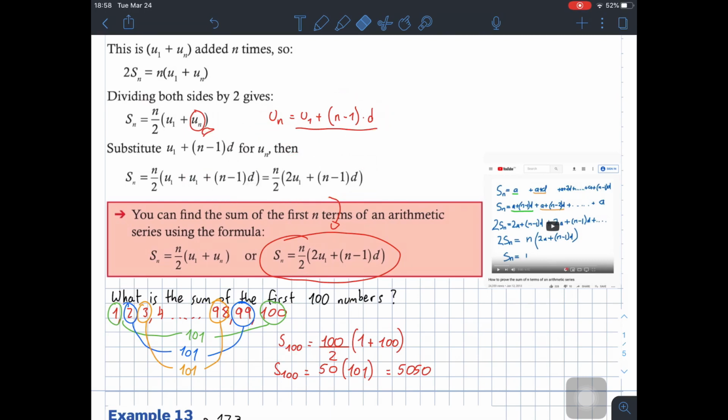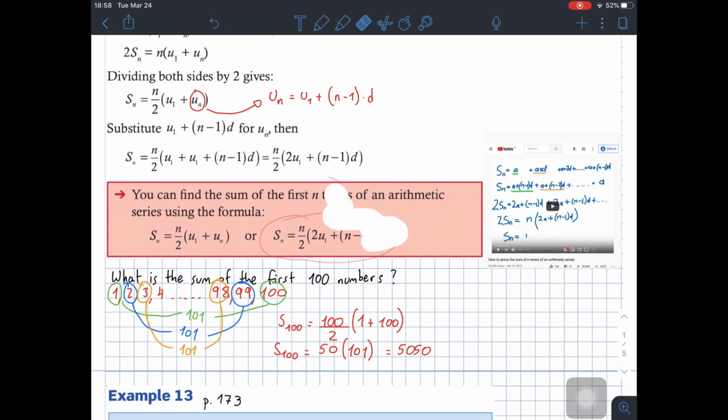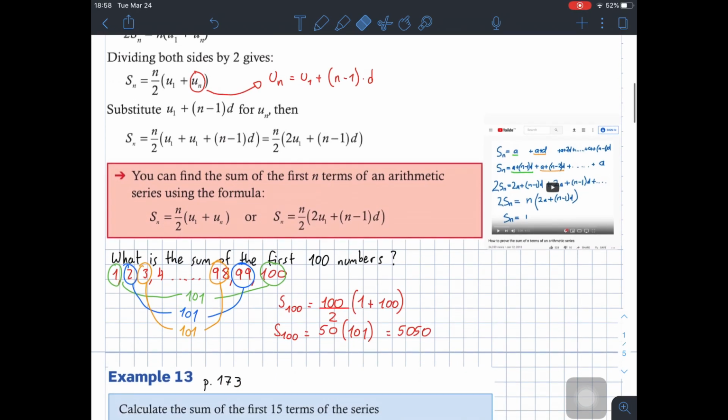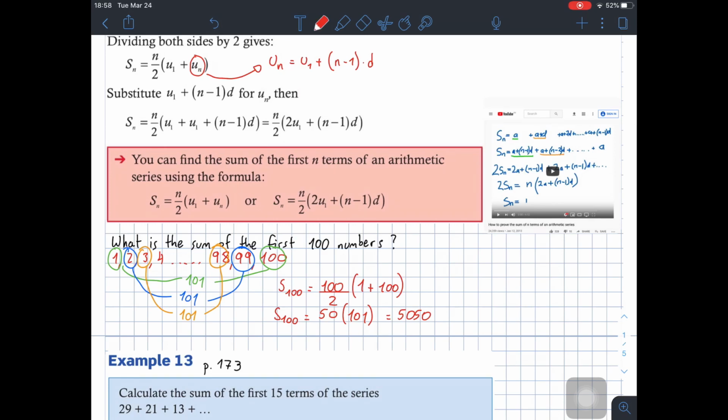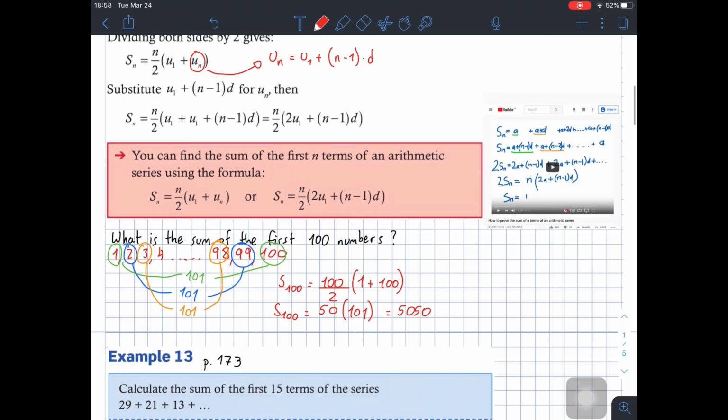I'm going to erase this. Okay, so probably you're thinking, when do we use this formula? Basically, it depends on the information you have in the problem. If you're only given u1 and the common difference, maybe it's better to use this formula, right?